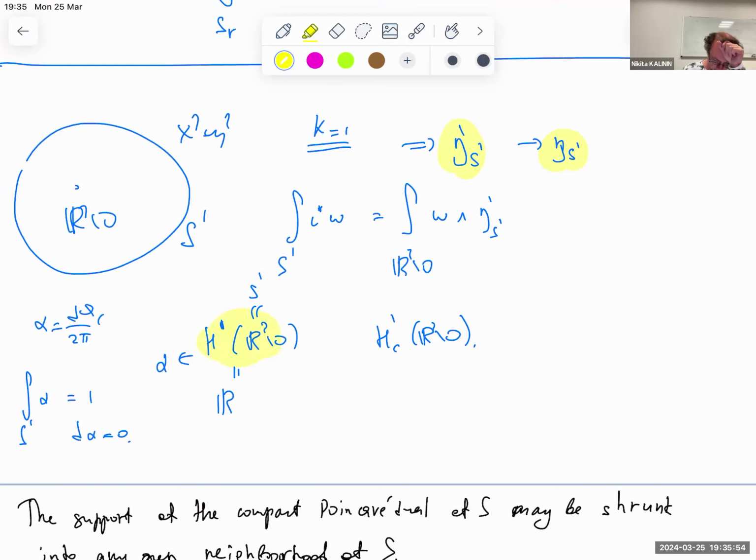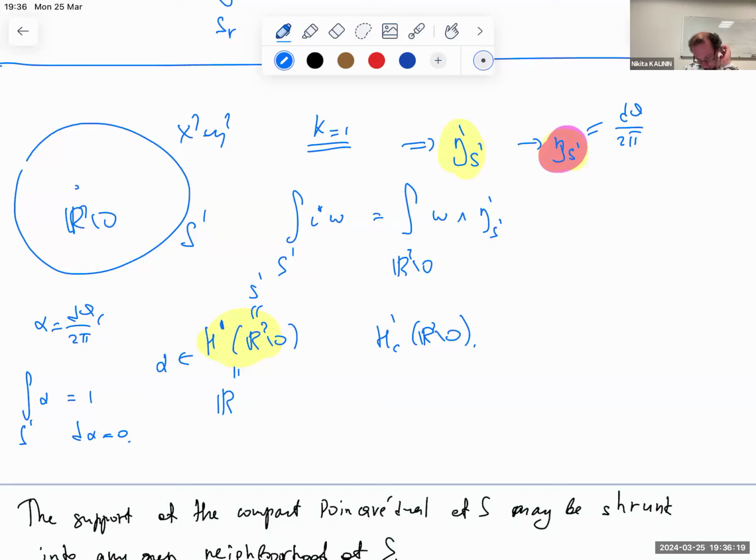Here it's usual cohomology, so apparently you propose this one. So you say that maybe this is equal to, no, not to this one, to this one. So you say that maybe that's d theta over 2 pi.